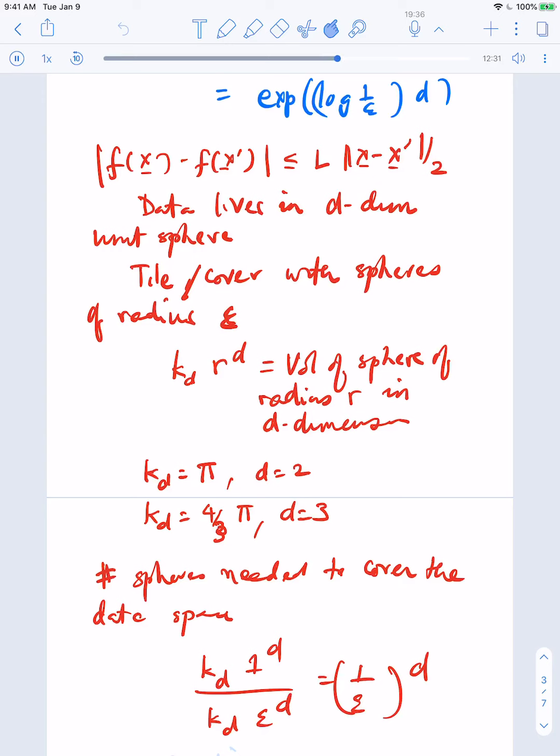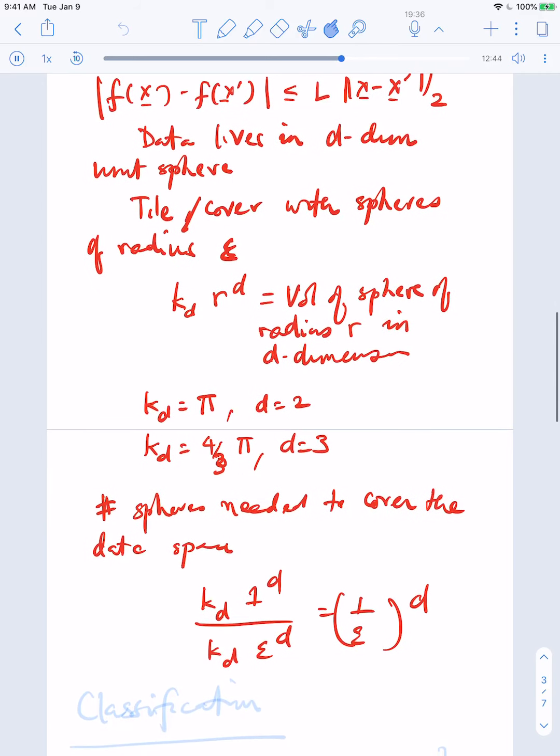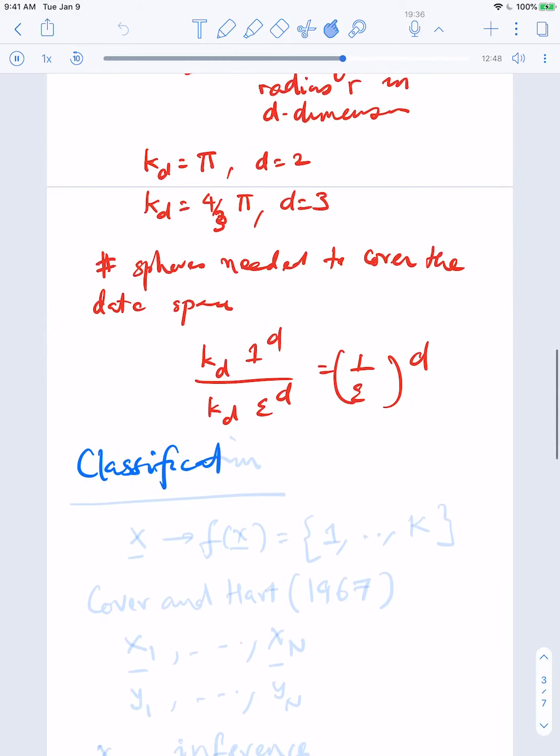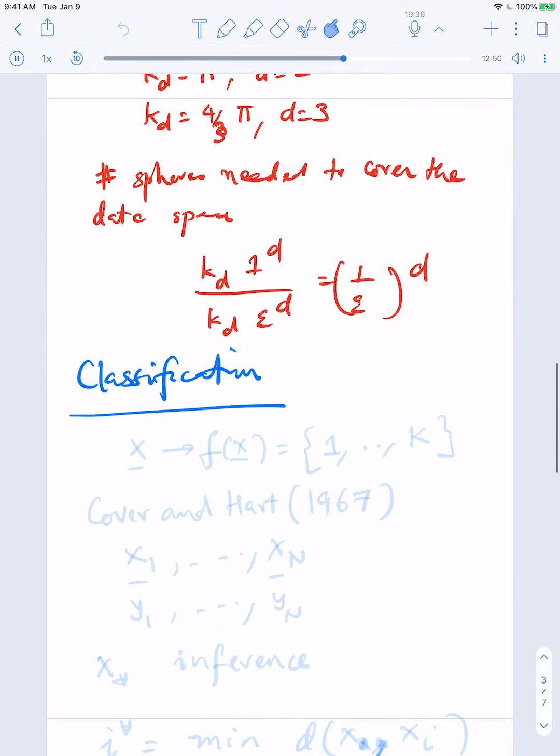So under generic assumptions on the function, we will need an amount of training data that blows up exponentially with the dimension.